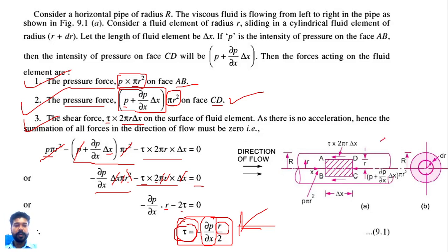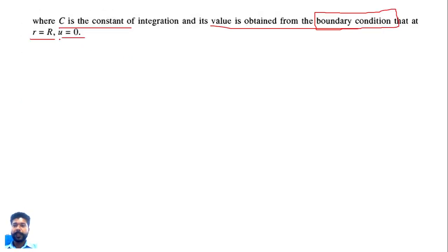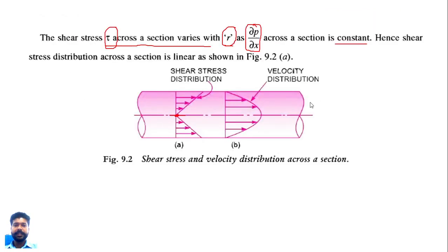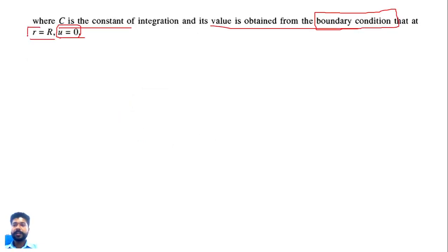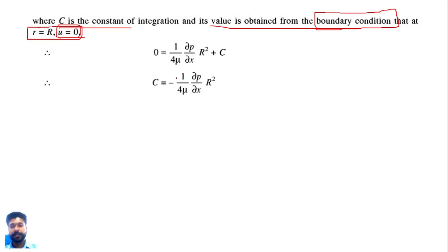So when small r equals capital R, it means at the end of this pipe, at that time the velocity equals 0. You can see that at this point the velocity is 0 because of friction between the flowing fluid and the inner surface of the pipe, so whenever small r equals capital R, the velocity equals 0.